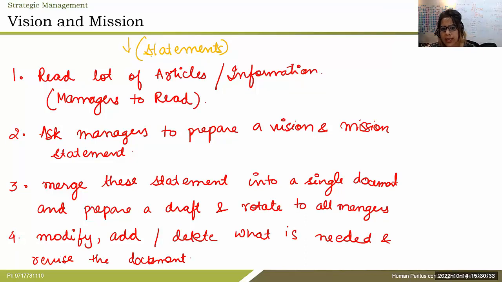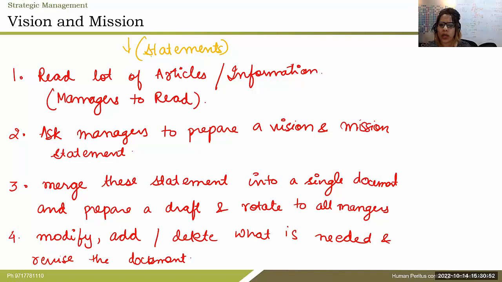At times, what organizations do is, after they have prepared a draft, they hire a consultant, because there could be groups of managers who will say that we need to add this. There will be some managers in one group who will say, no, we do want to delete this particular thing.